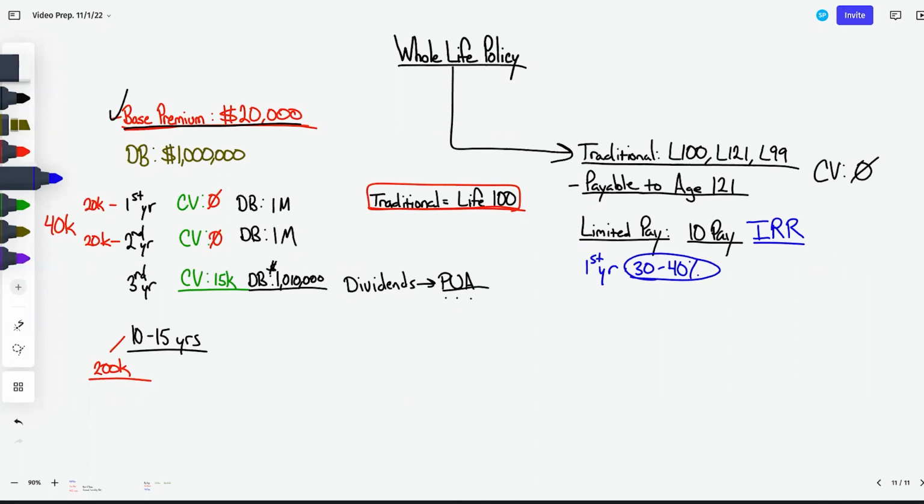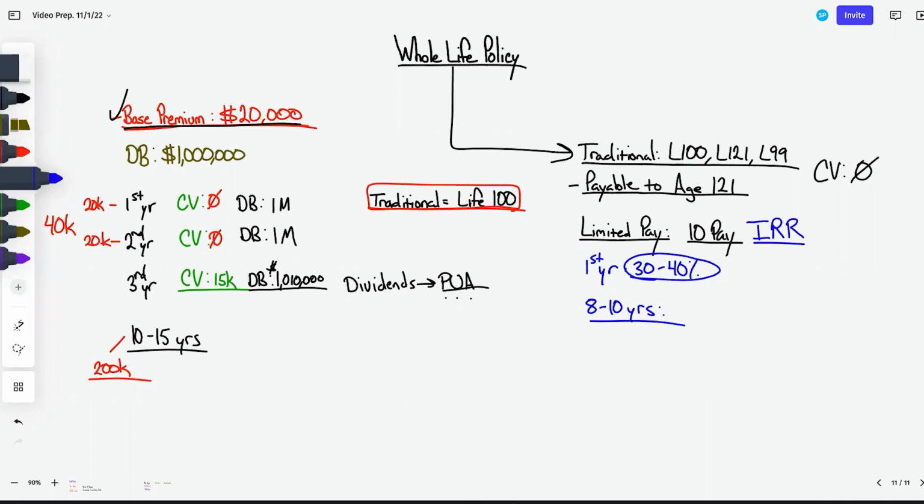So instead of getting nothing right out of the gates, we get a percentage that comes back to cash value. A lot of people are attracted to that. Also, instead of 10 to 15 years, you'll typically see between 8 and 10 years for your break-even point, when your cash value will be equal to or greater than your total payments.